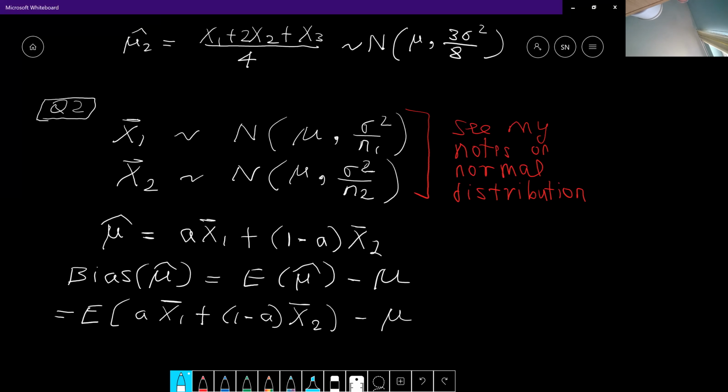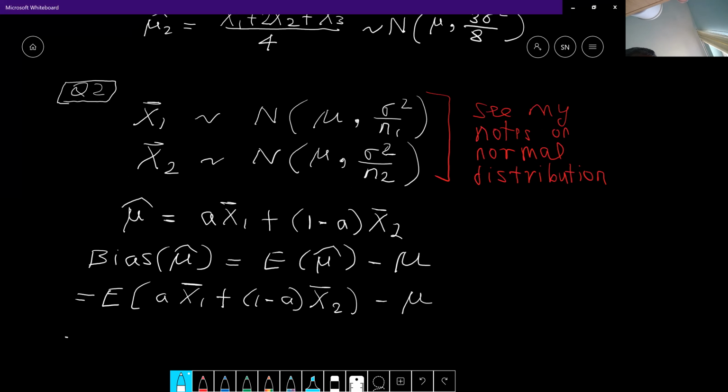Now, if you take the expectation inside, you get a times the expectation of x bar 1 plus 1 minus a times the expectation of x bar 2, minus mu.